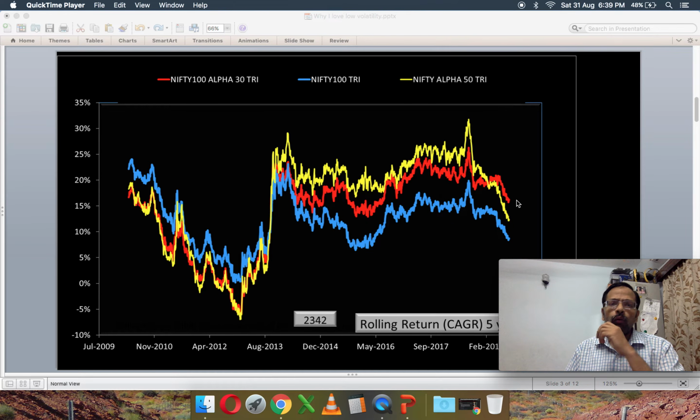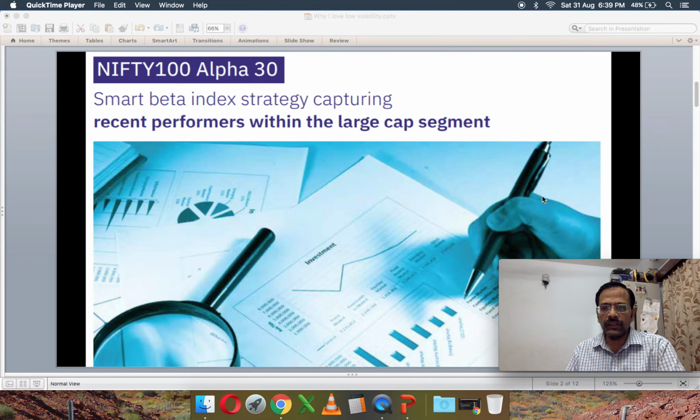So in the Nifty 100 Alpha 30, what they do is take 30 stocks from the Nifty 100 and find out their alpha. Alpha is a measure of excess return above the market and above a risk-free rate, after taking into consideration the excess risk of a stock with respect to the market.